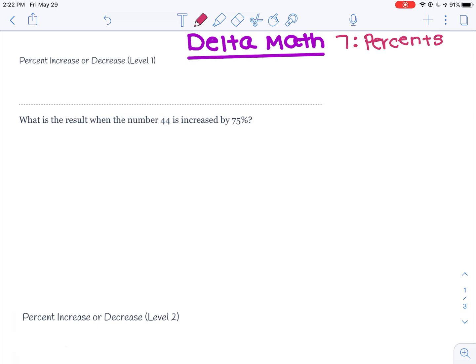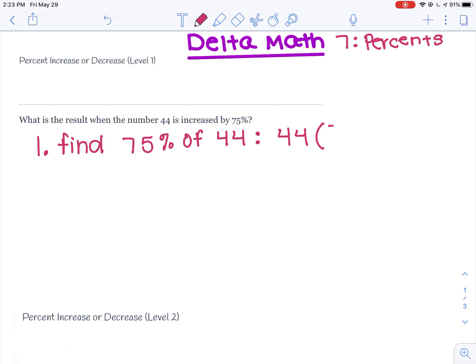So if I have the number 44 and I'm increasing it by 75%, the first thing I want to do is find, and there's many ways to do this, but this is just the first way that I explain it, 75% of 44. To do that, you're just going to do 44 times 75%.